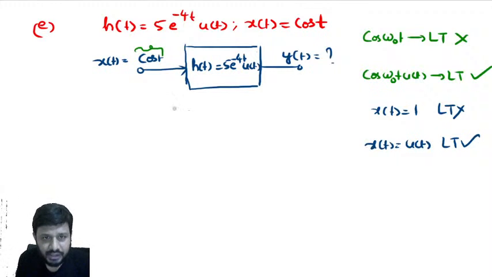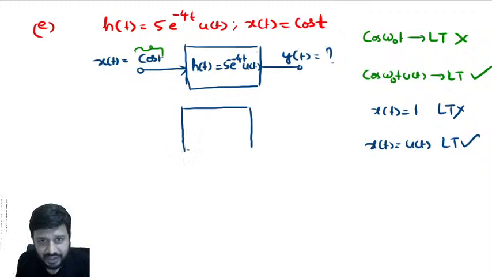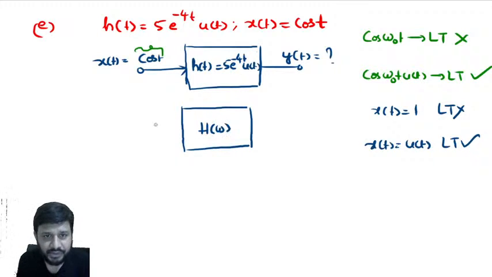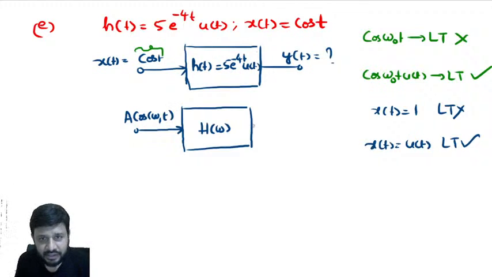If you remember, while discussing the convolution property in Fourier transform, I told you that if you have an LTI system with frequency response H of omega, and you give a cos omega 1 t, a sinusoid, at the output you will get a sinusoid.